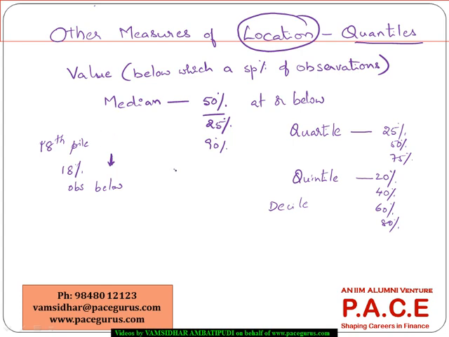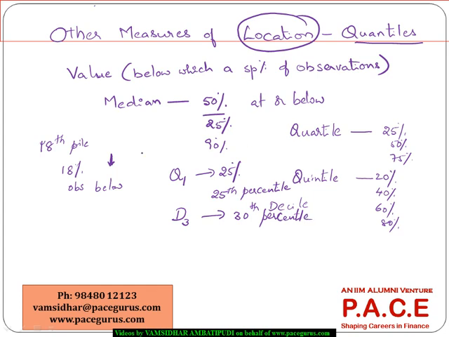But when I say first quartile Q1, it is as good as saying 25% of the observations are below it, because it's the 25th percentile. First quartile is nothing but the 25th percentile. 25% of the observations lie at or below it. Similarly, D3, the third decile, is nothing but the 30th percentile. So 30% of the observations lie below it.